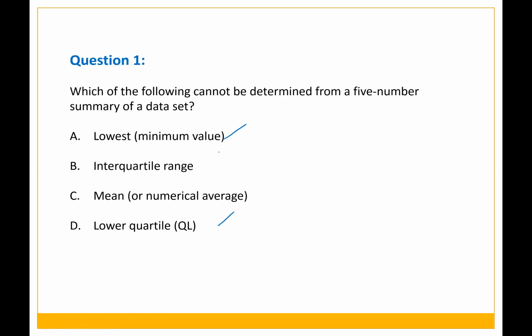Between B and C, the interquartile range is found by Q3 minus Q1, so you can find that as well. What we cannot find is the mean, because the 5-number summary only gives us 5 values in our data set, but to find the mean, we need all values in the data set.